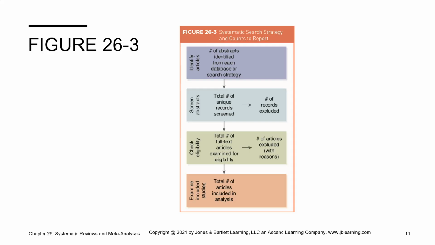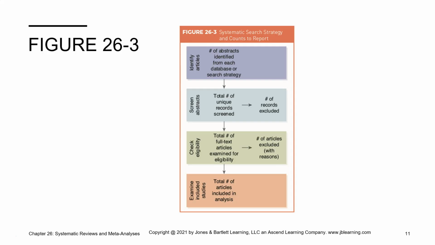So figure 26.3 goes over a systematic search strategy and counts to report. Oftentimes in a systematic review you have a diagram like this, which is sometimes called the consort diagram, and it includes the number of abstracts identified from each database, and then when those abstracts are reviewed, it includes the abstracts that are included for further review of the full text articles.